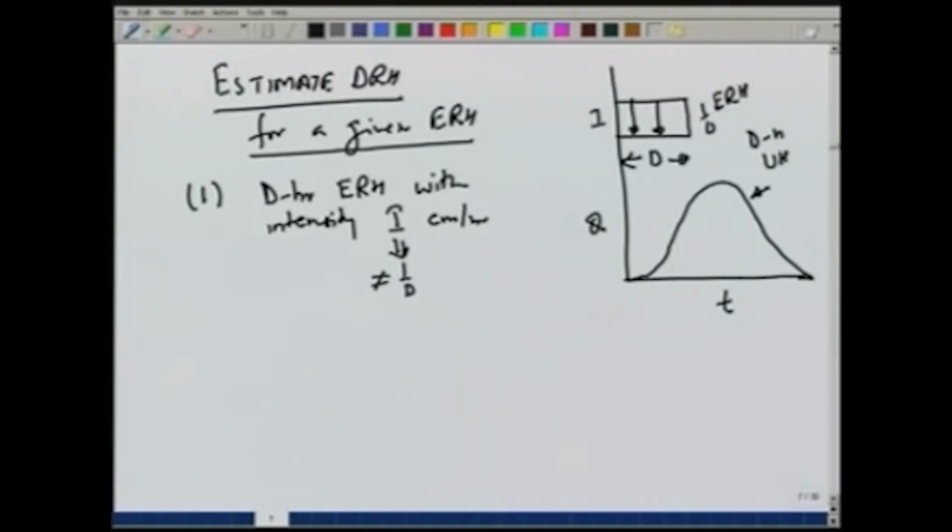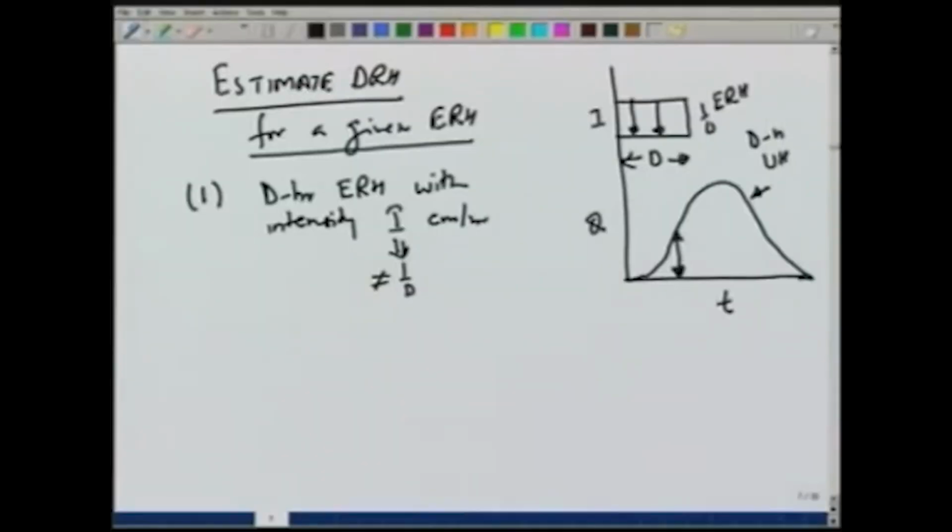So, now we have to invoke some of the principles which we have discussed earlier. One was the principle of linearity. So, we said that if a rainfall of some intensity occurs and we have a DRH for that rainfall, and then if a rainfall of, let us say, twice the intensity occurs, then all the DRH ordinates will be doubled. So, the same principle we will use here.